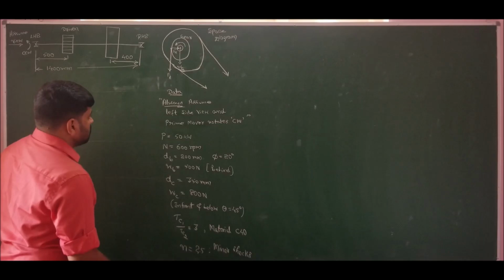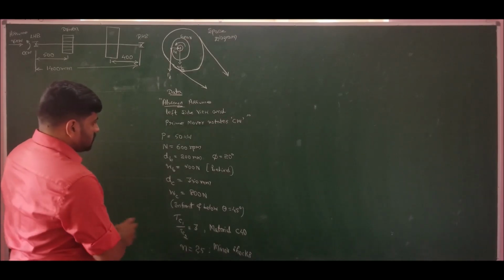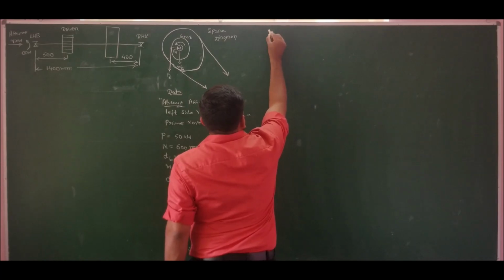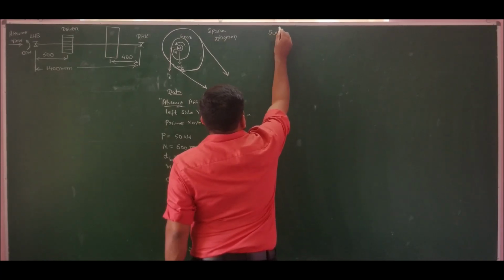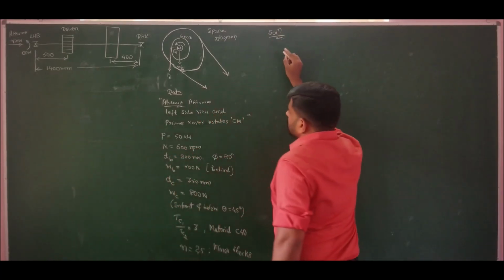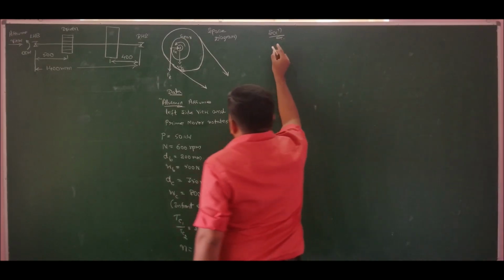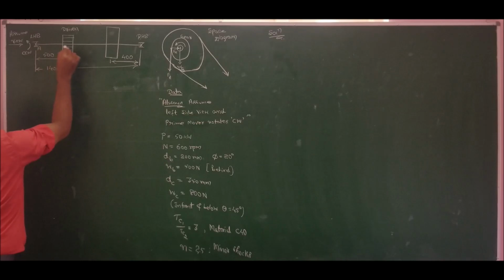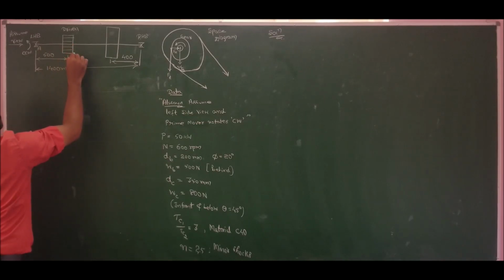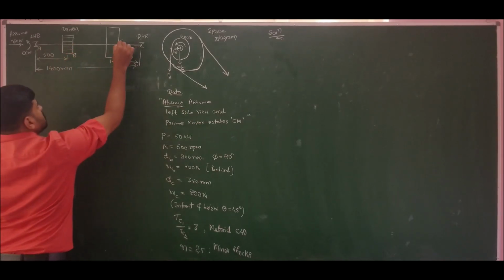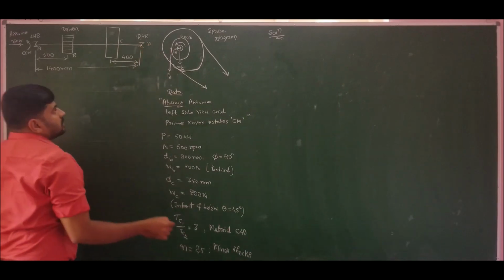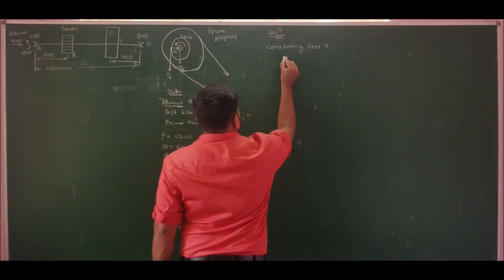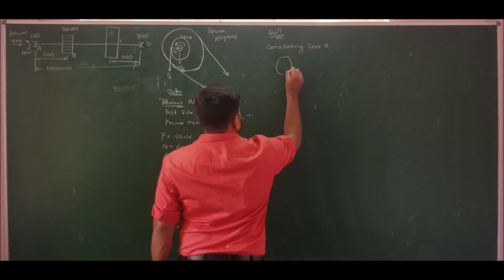Let's solve for the gear first, because the gear is receiving the power. If I move to the solution, let us consider the gear. The points are A, B, C and D. So if I consider the gear, the arrangement specified is like this.